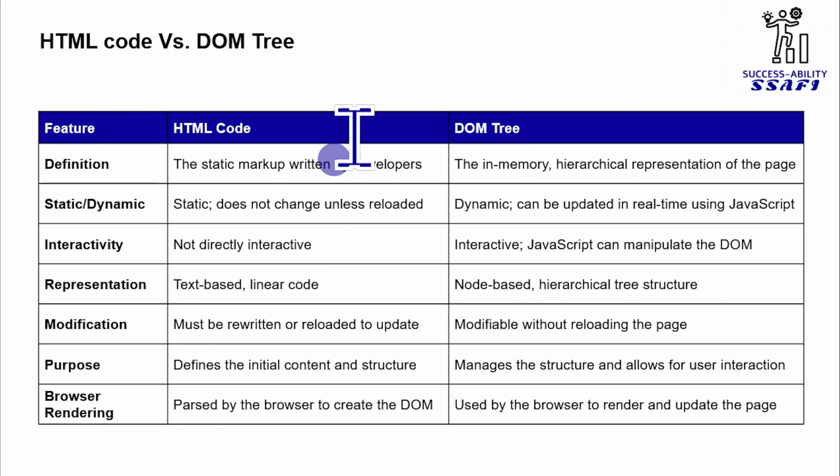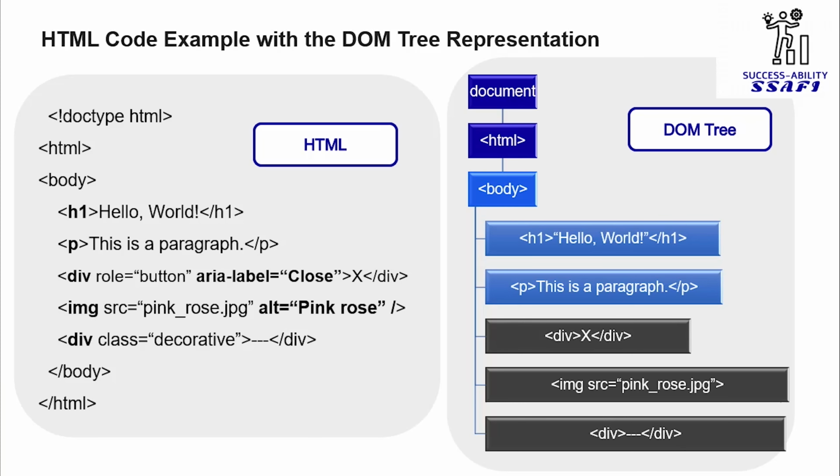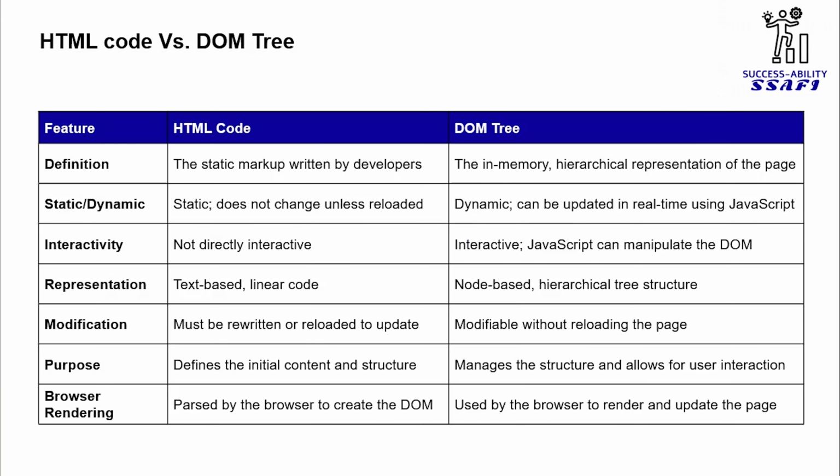All right, now let's take a look at the DOM tree. It's the in-memory hierarchical representation of the page. As you saw, it just looks like a tree. It's a hierarchical representation. It's dynamic and can be updated in real time using JavaScript. We went over this in the previous session.